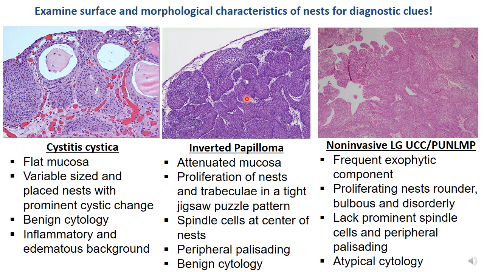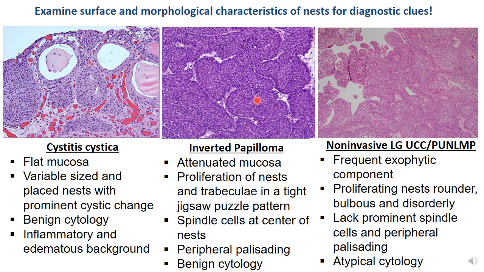Nests are typically not going to look very rounded and proliferative. You can see spindle cells at the center of the nest. There is also frequently prominent peripheral palisading that you can see in the outer layer. And again, this is benign cytology. So this is very characteristic of inverted papilloma. We will also talk later on about the epithelium and stromal base. Both of these processes are characterized by a relatively uniform base.